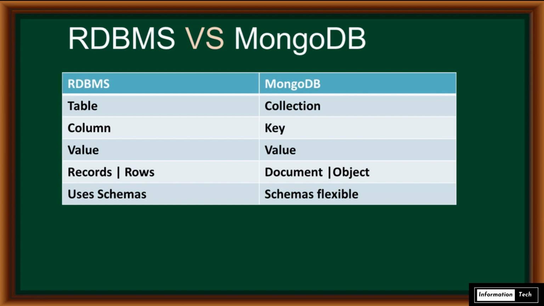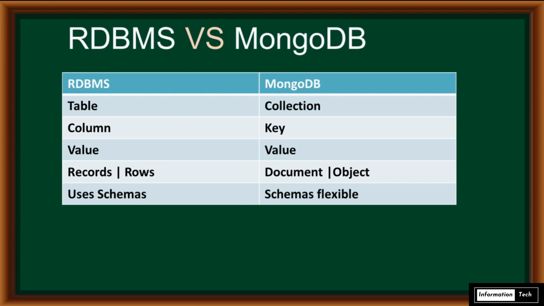Whereas in a relational database management system, the tables have to belong to a schema, MongoDB does not enforce that. So these are some key differences between a normal relational database management system and MongoDB.